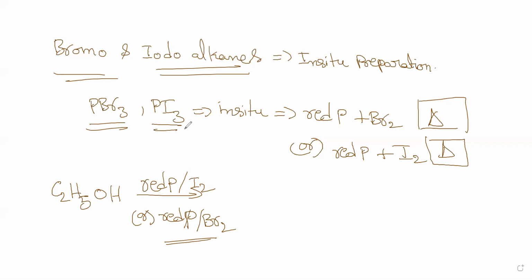At that very instant you can prepare this in the reaction vessel, and then you can get C2H5Br or C2H5I. So by this process you can get these two. You can make a note.